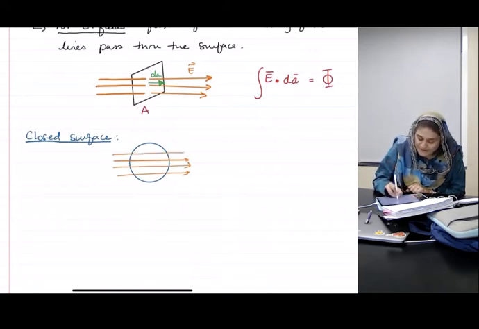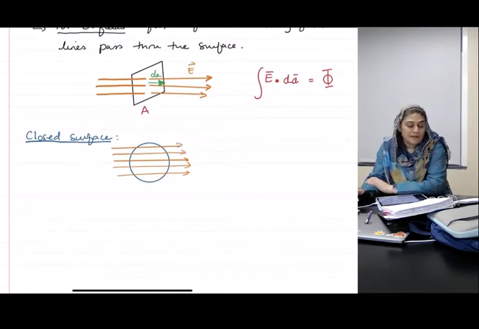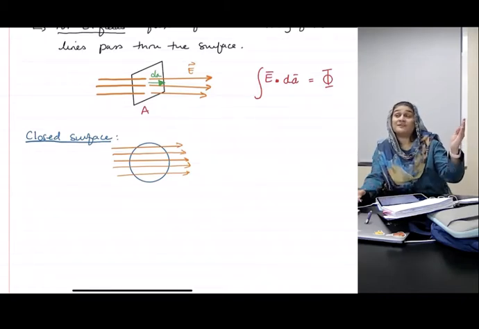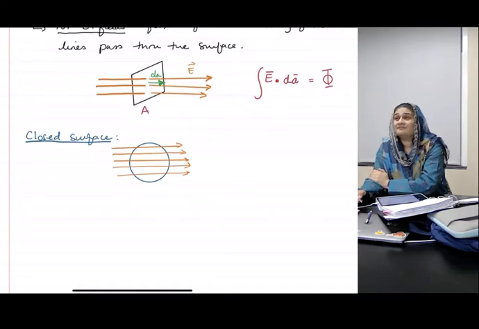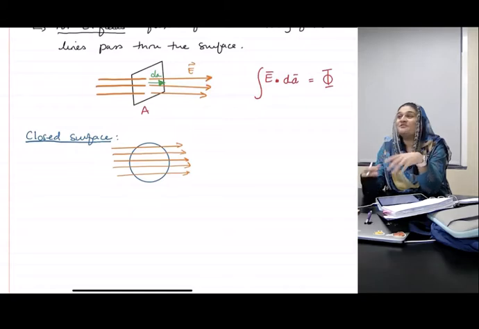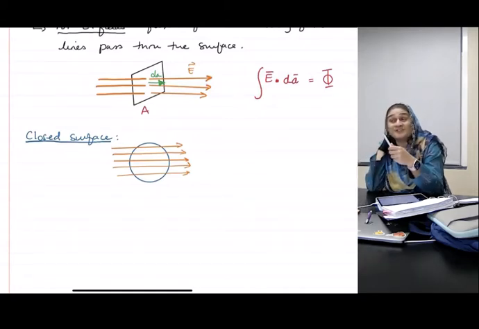How much flux is in this case? The field lines are passing through one side and they're going out the other side. What's the flux? 0. Good job, Nick. There's no flux in this case through the closed surface.